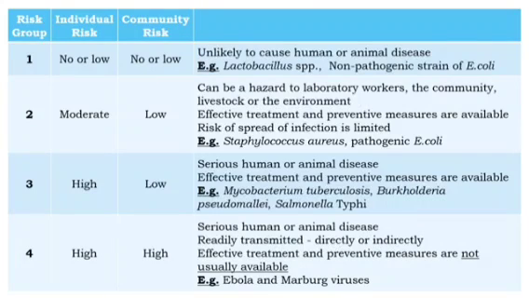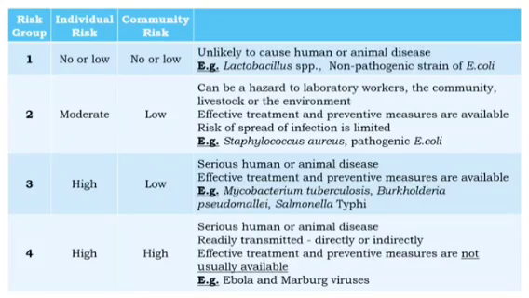Risk Group 3 organisms have a high risk to the individual and a low risk to the community. However, they can cause serious human or animal disease. Effective treatment and preventive measures are available. Examples: Mycobacterium tuberculosis, Burkholderia pseudomallei, and Salmonella typhi.